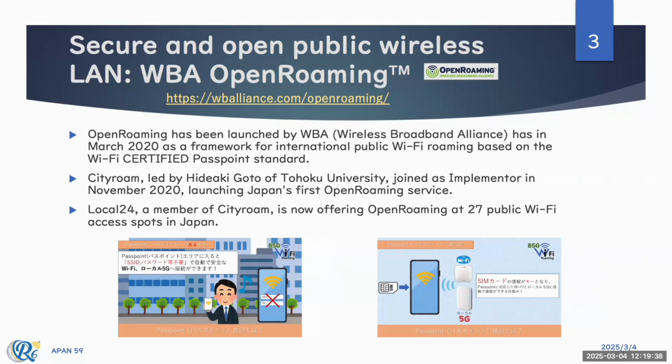Cityroam, which was mentioned in detail by Goto Sensei of Tohoku University, joined as an implementer in November the same year, launching Japan's first OpenRoaming services. And Local 24 Incorporated, which is a member of Cityroam, is now offering OpenRoaming at 27 public Wi-Fi access spots in Japan.